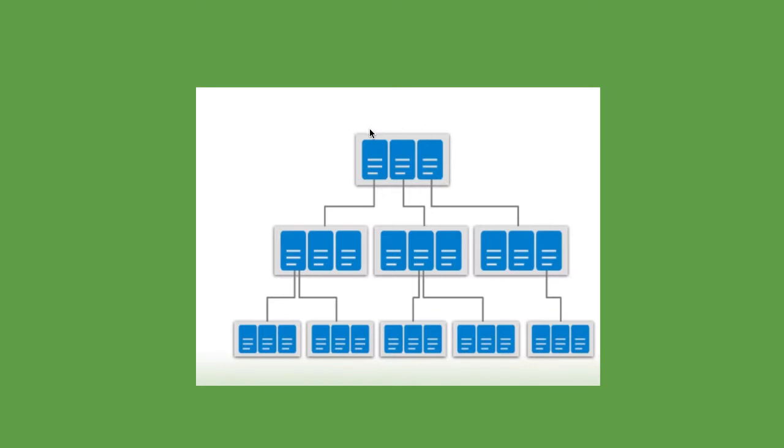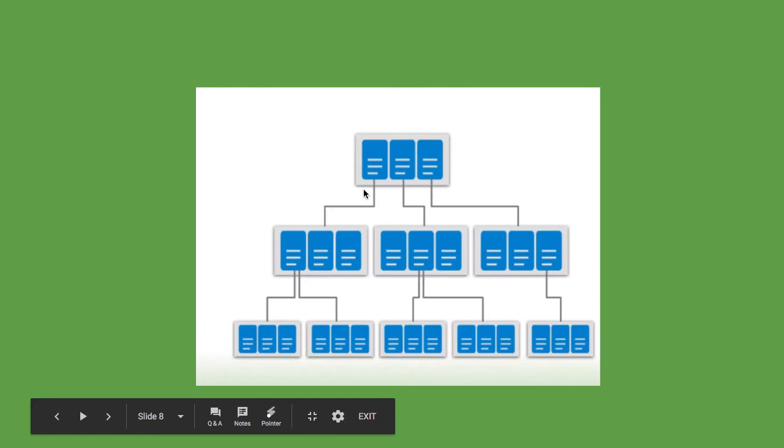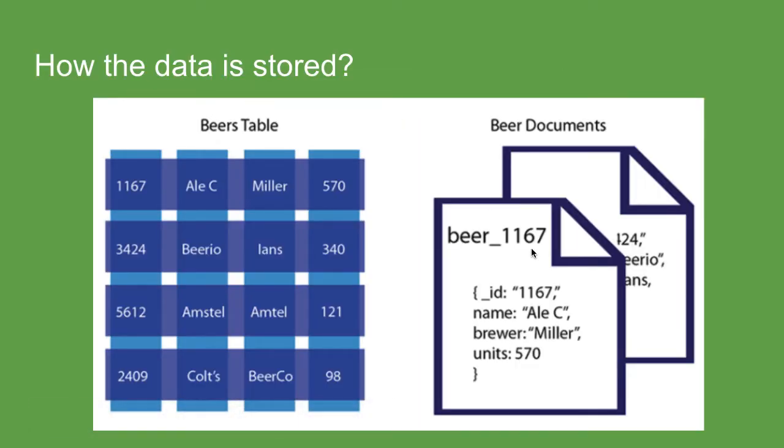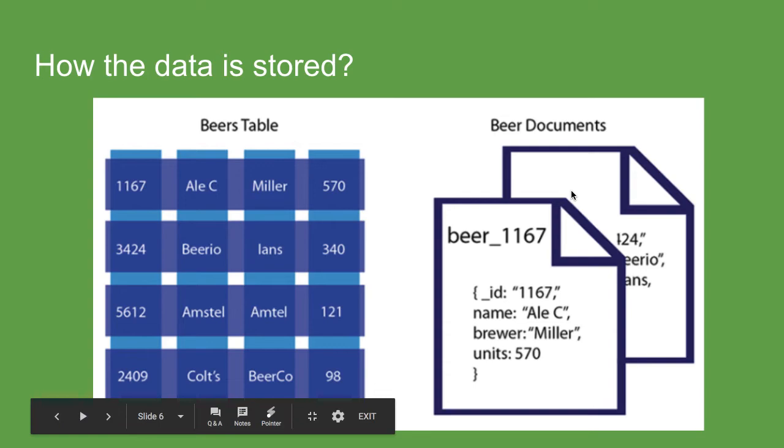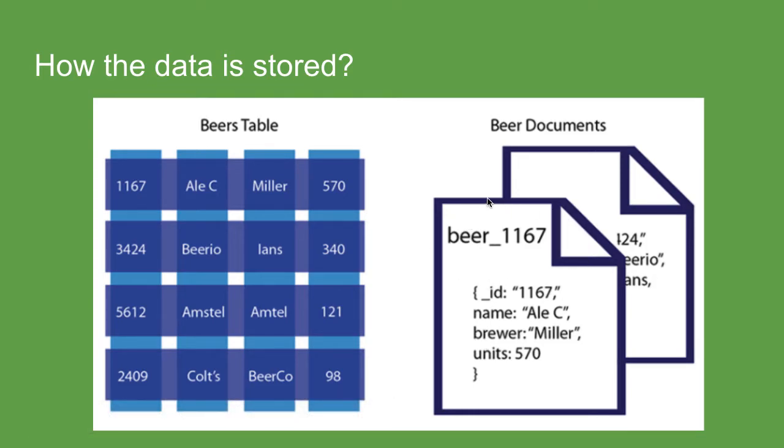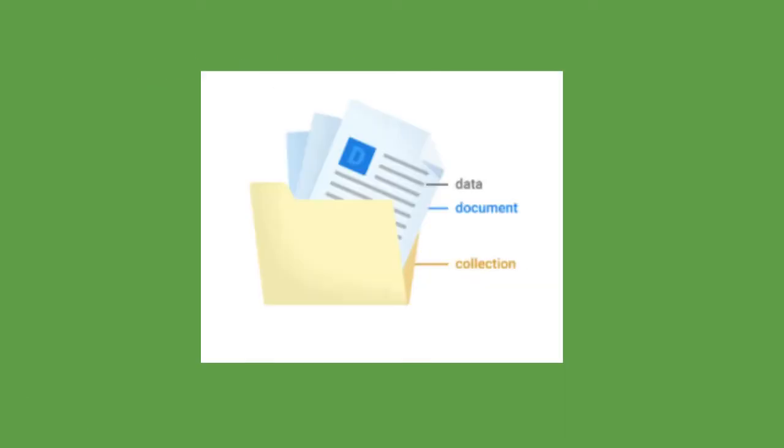Inside this collection, we have these documents, and each document can point to a whole different sub-collection of other documents, and so on and on and on. So we have a document for each entity. If we're talking about beers, we have a document for each beer.